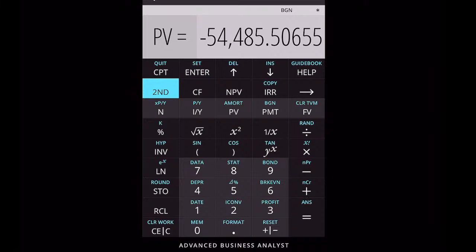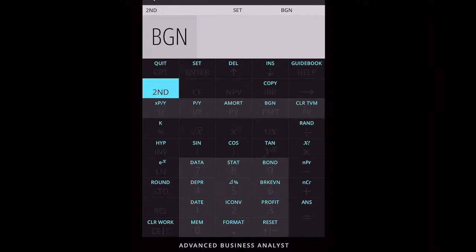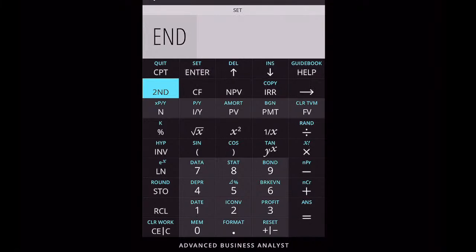And I do get the right answer right away. So you might like that method, you can use that method. The trick is to remember that you have to turn that off before computing again, or computing something else.